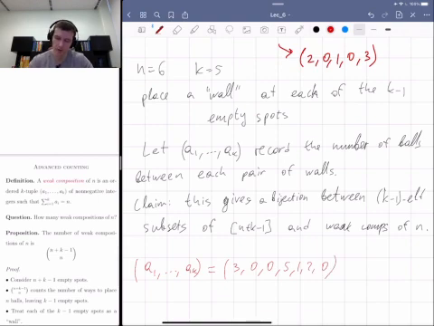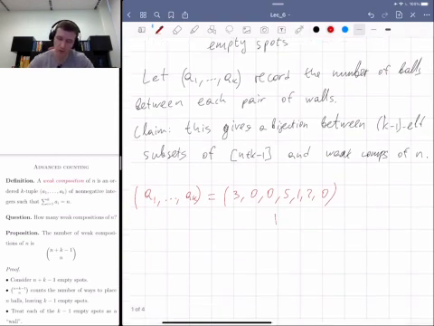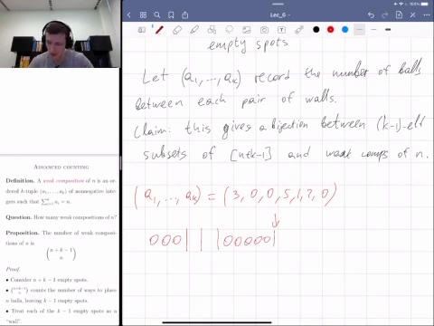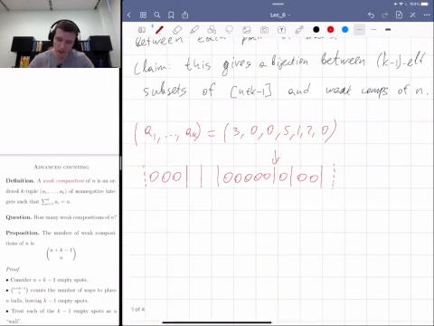Then the corresponding sequence of stars and bars is: 3 balls and a wall, 0 balls and a wall, 0 balls and a wall, then 5 balls, a wall, 1 ball, a wall, 2 balls, a wall, 0 balls, and then an invisible wall.